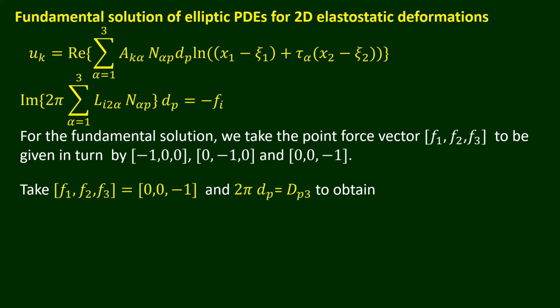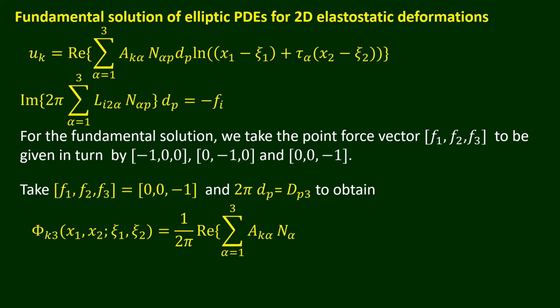Take F1, F2, F3 equals 0, 0, minus 1, and 2 pi dp equals capital Dp3, to obtain capital Phi k3, x1, x2, psi1, psi2 equals 1 over 2 pi, real part of sum, alpha equals 1 to 3, A k alpha and alpha p, Dp3, complex log, x1 minus xi1 plus tau alpha, x2 minus xi2.